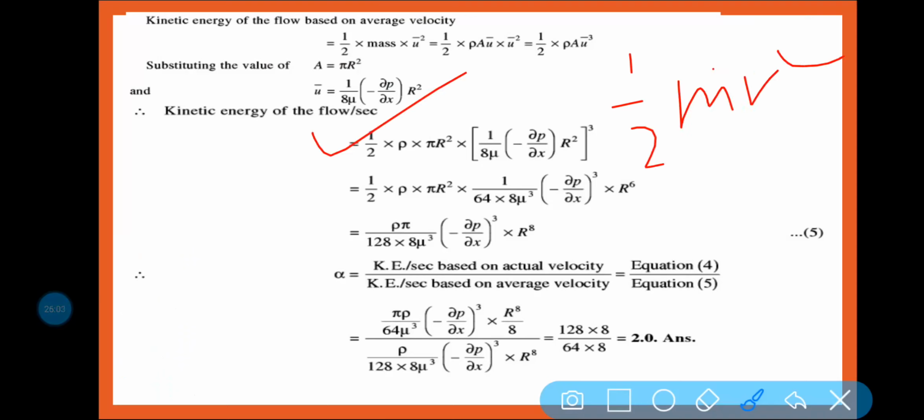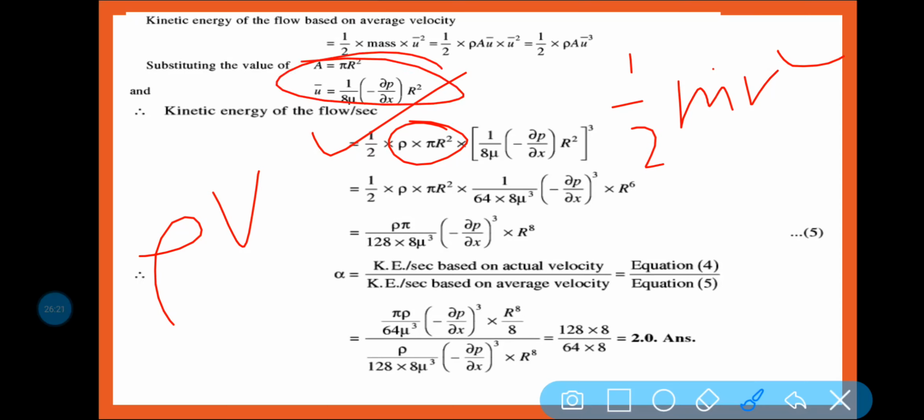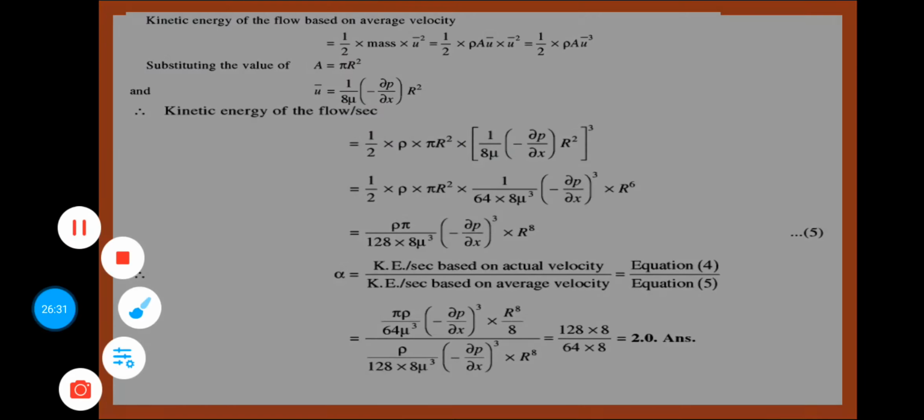Now put the value, half m is equal to rho into area, so rho into A. Okay, rho into A into v square. So v is equal to this average velocity. So v is equal to 1 by 8 mu minus del p by del x into r square, the whole cube. So this is the formula, this is the figure what I have seen.